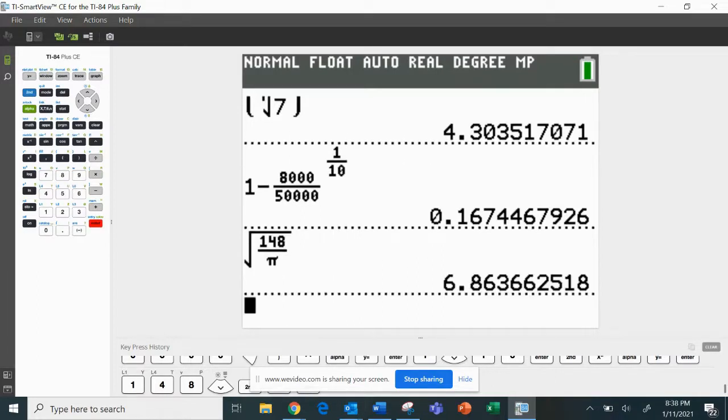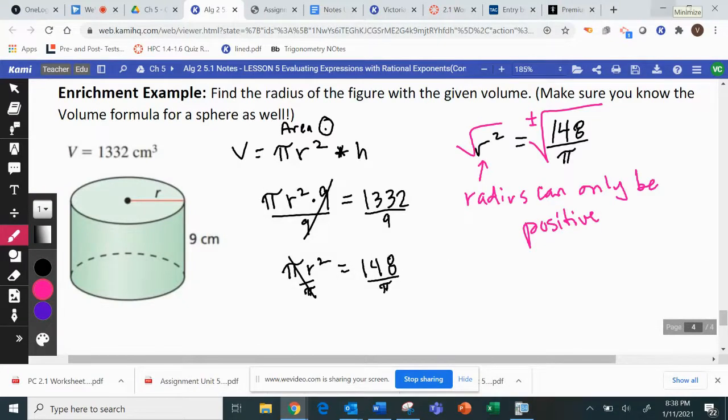And we get approximately 6.86 for our radius. So I'm going to say the radius is exactly square root of 148 over pi, or it's approximately 6.86.